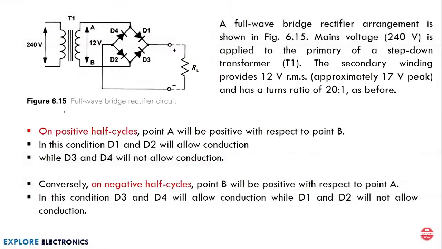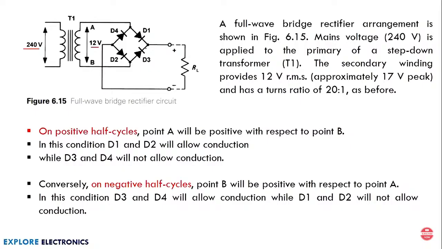So again, there will be a transformer at the input. It will have a primary coil connected to a 240 volt AC, and there is a secondary coil. The secondary coil will give the step down voltage, something like 12 volts RMS, and it is connected to the diode arrangement. Here 4 diodes are connected in this fashion.